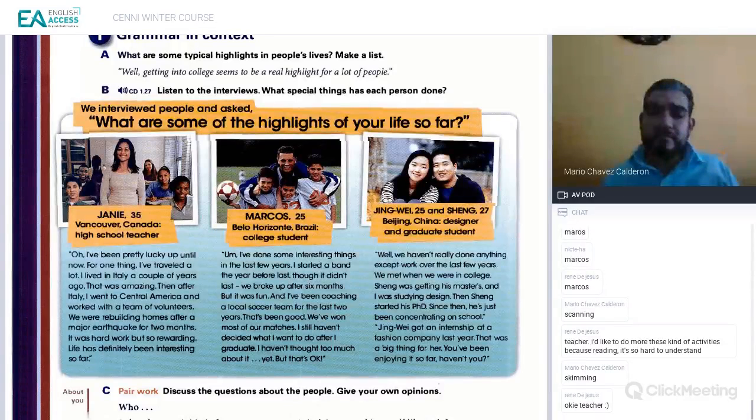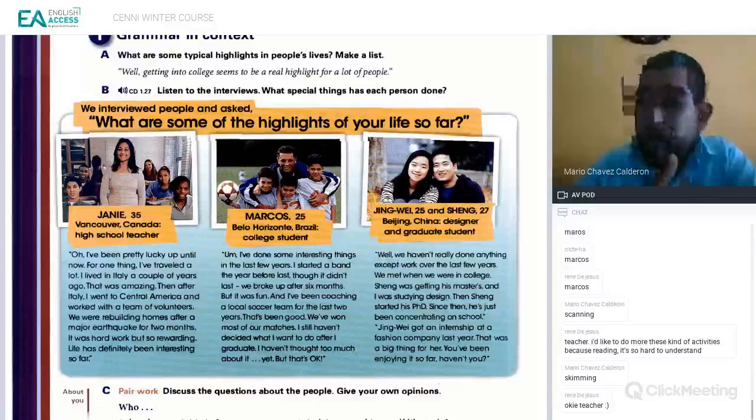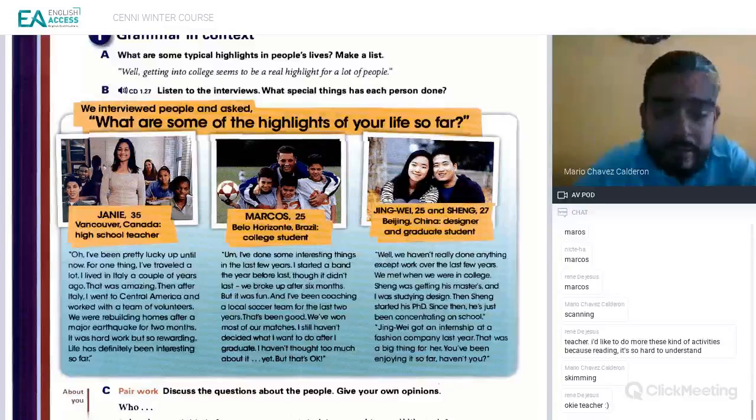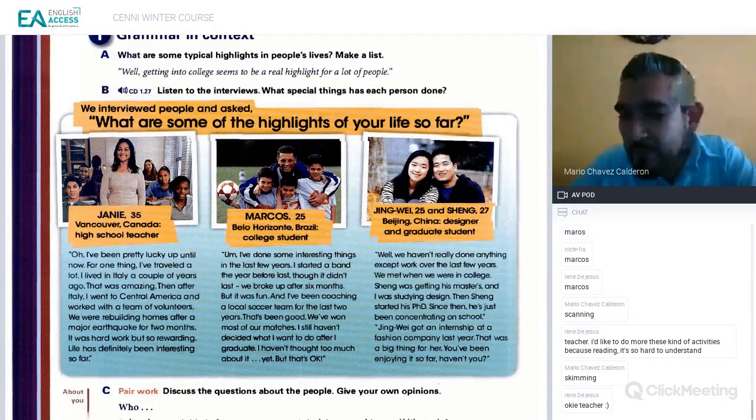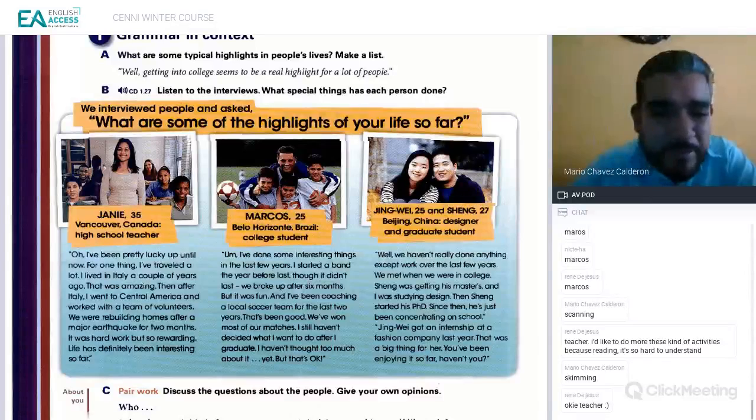That is scanning, when you go over the text and look for specific words. Skimming is when you get the general idea. To do so, you read the first line and the last line of each paragraph. And if you still have time, then you can read everything. Like, for example, right now, we still have time. We are not in a hurry, so we can read everything.